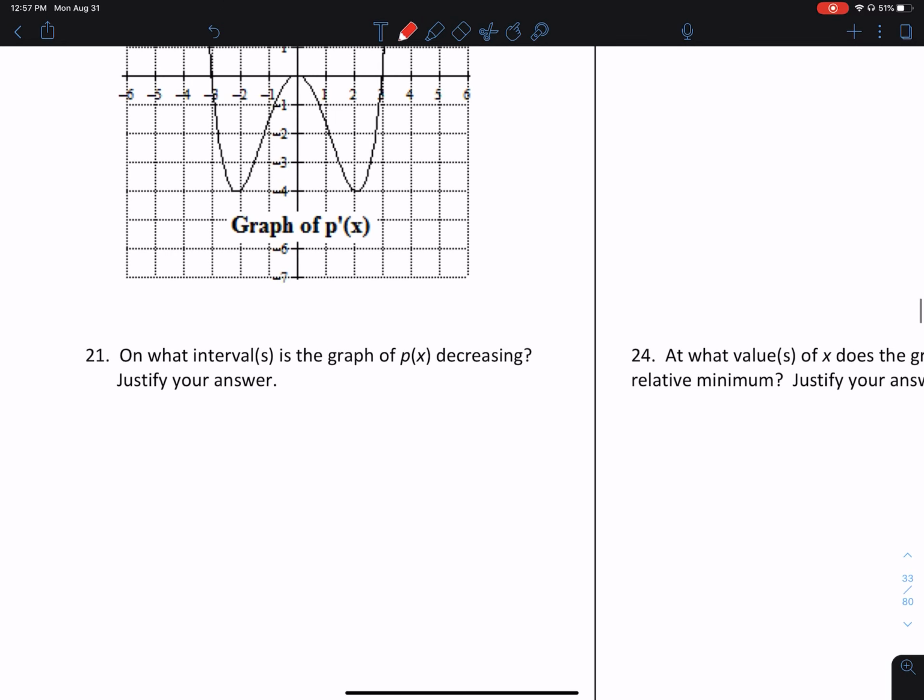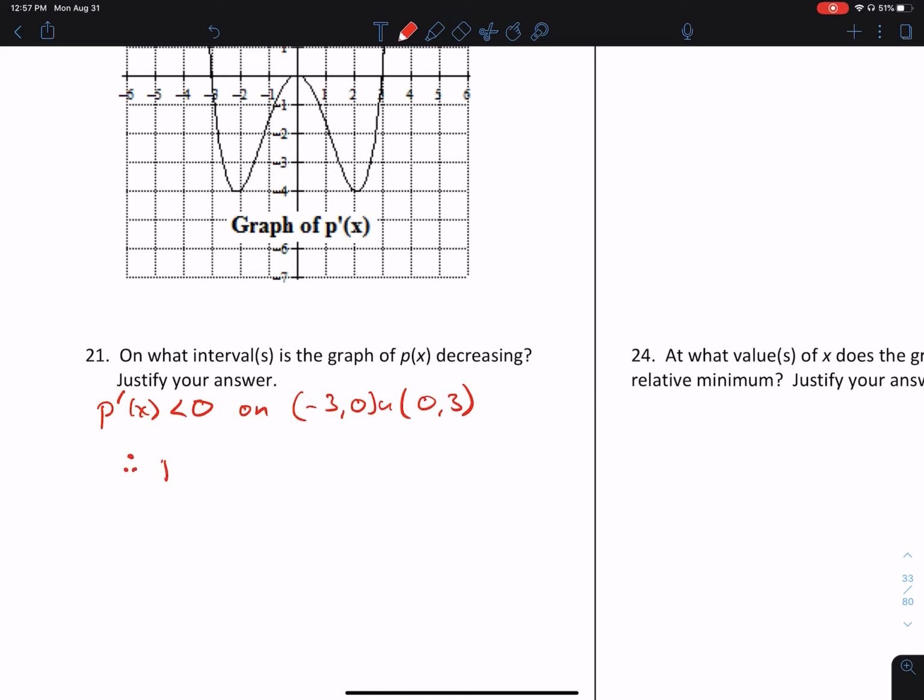Let's justify our answer. I'm going to give the justification first. P prime of x is less than 0, which means it's negative, on the interval from -3 to 0 in union with 0 to 3.